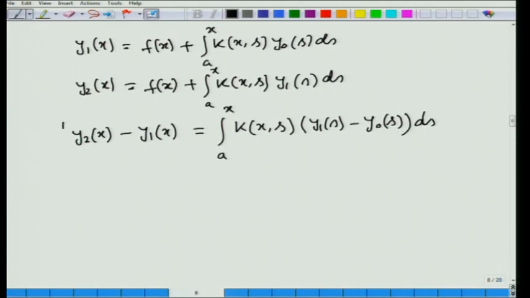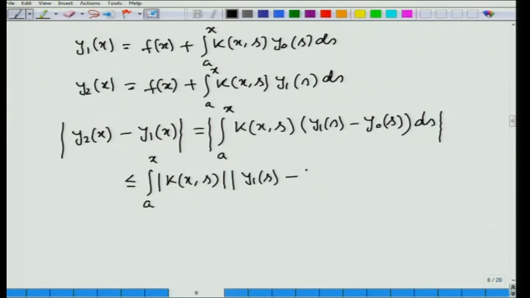So, if you take the modulus on both sides, modulus of y 2 x minus y 1 x is equal to modulus of integral a to x, this one. Now, this modulus is less than or equal to integral a to x modulus k x comma s multiplied by modulus y 1 s minus y 0 s ds.